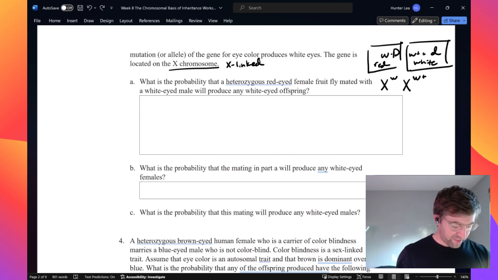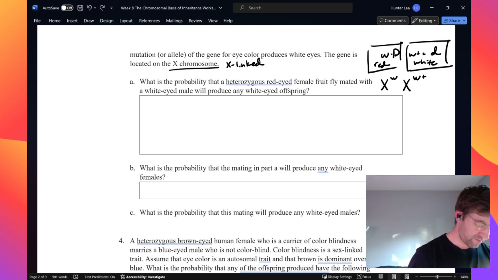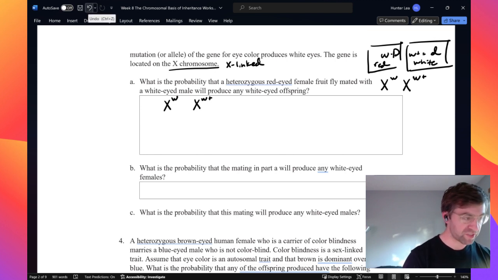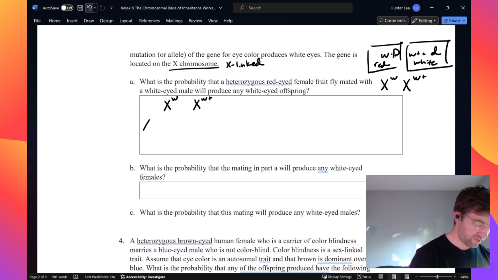Okay, so what is the probability that a heterozygous female, so two X chromosomes, one with the dominant red eye gene and one with the mutant white eye gene, with a male with white eyes.